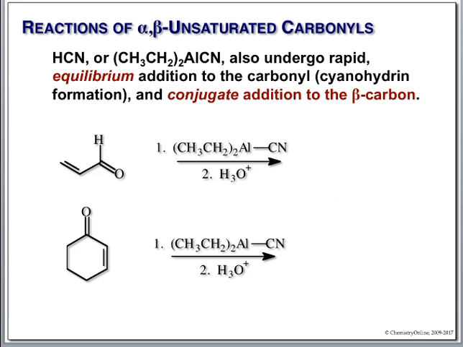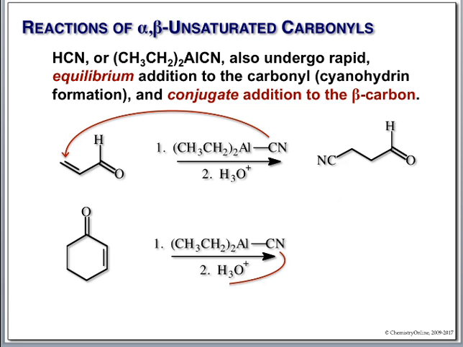For our first compound, this is going to add to there. Once again, we get an intermediate with an oxyanion, pick up a proton here, and that's our product. We do this with cyclohexenone. Same sort of thing.